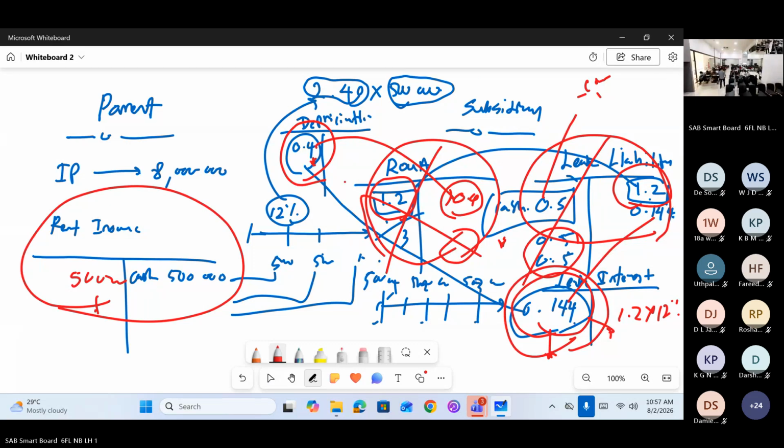Then the recognized IP should be categorized as PP&E, because as one single entity there is no rented property.